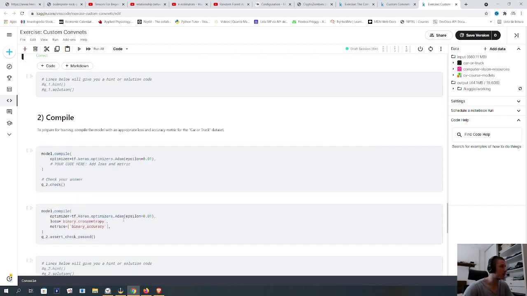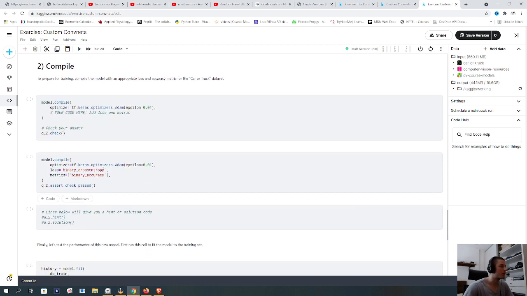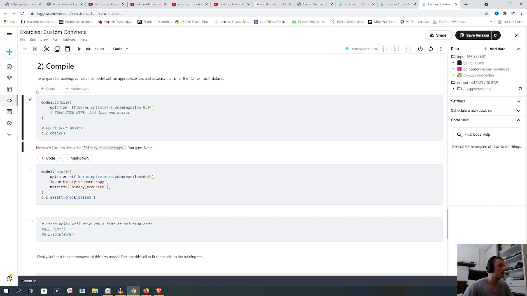Correct. Compile to prepare for training. Compile the model with an appropriate loss and accuracy metric. So model.compile uses the Adam optimizer, getting it from the Keras library, and the binary cross entropy loss function.